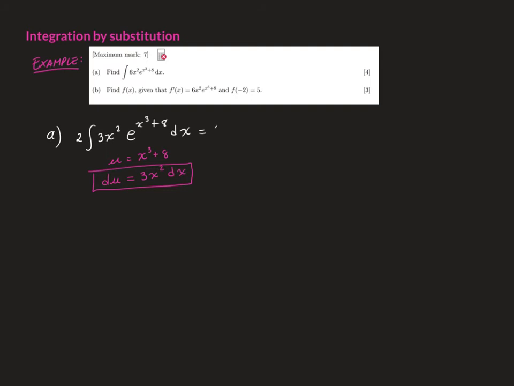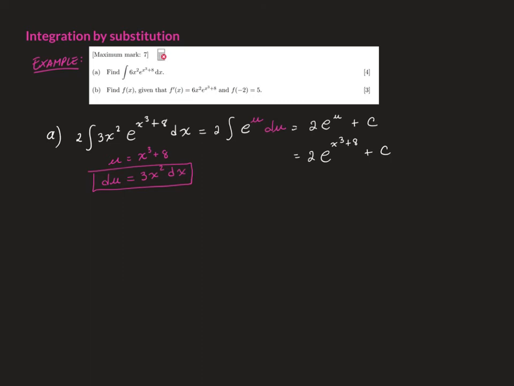So this is going to be 2 times the integral of e to the power of u du. And this is going to be equal to 2e to the power of u plus our integration constant. I'm going to substitute back the value of u. So this is 2e to the power of x^3 plus 8 plus the integration constant c.